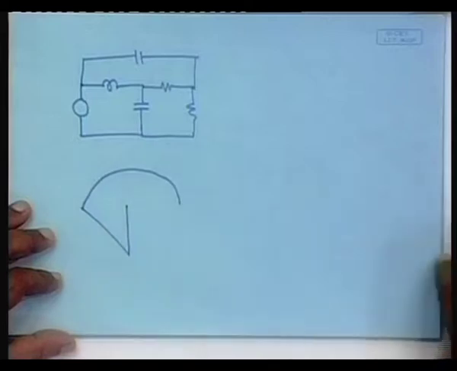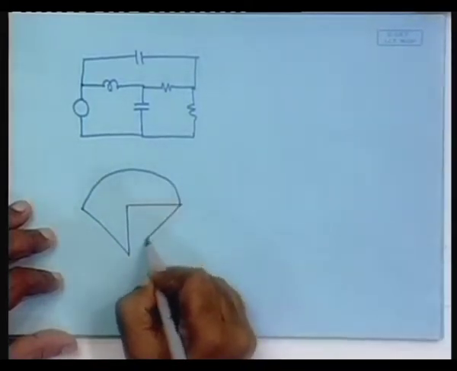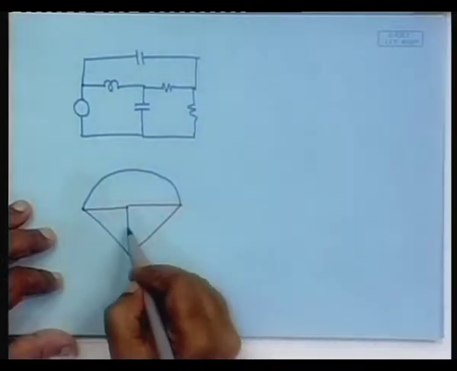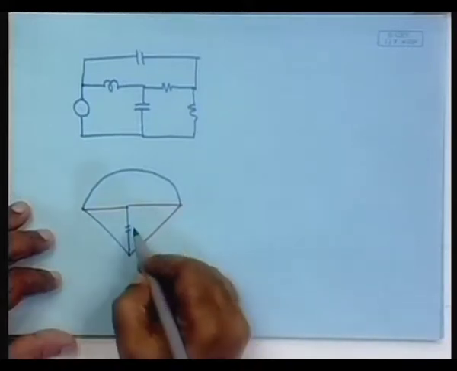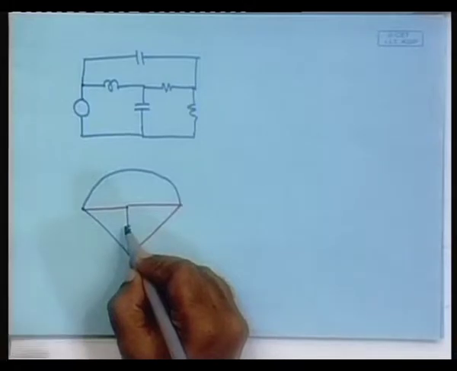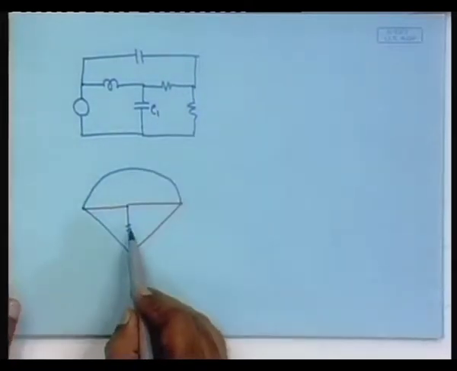So, this was the tree structure and that was the co-tree structure. And then when we started with this particular branch and tried to identify the equation for the tree capacitance VC1, what was the logic at that time?